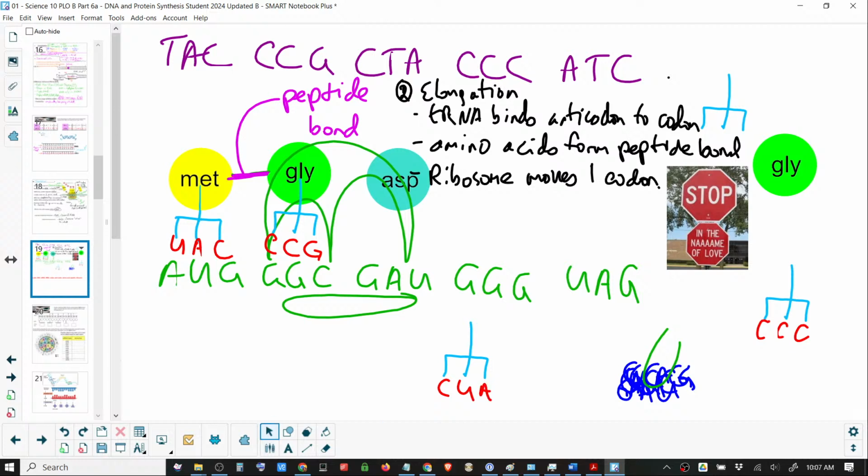And what amino acid is that? GA. That's aspartame. Yep. They also confused me with the aspartame. There we go.